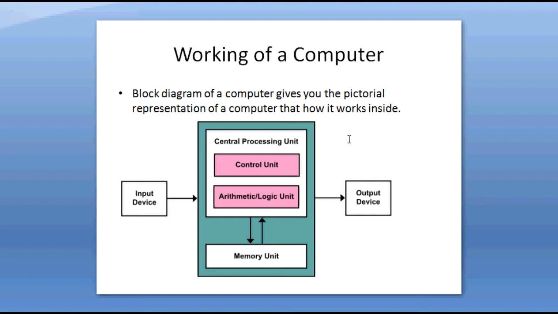The control unit manages the various components of the computer. It reads instructions from memory, interprets them and changes them into a series of signals to activate other parts of the computer. It controls and coordinates input, output, memory and all other units.